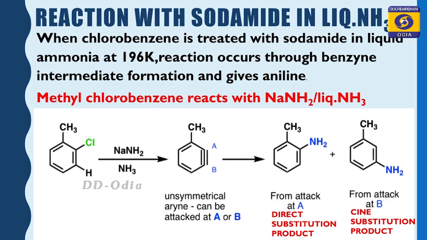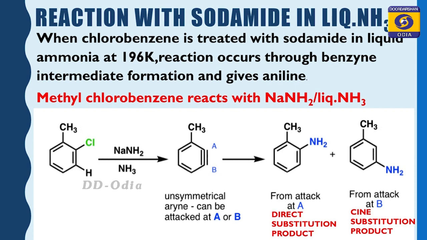So, what will be the product? You may see the first product marked as A. What is that? NH2 group adjacent to CH3 will be formed. But in this equation, I had written that two products are formed.